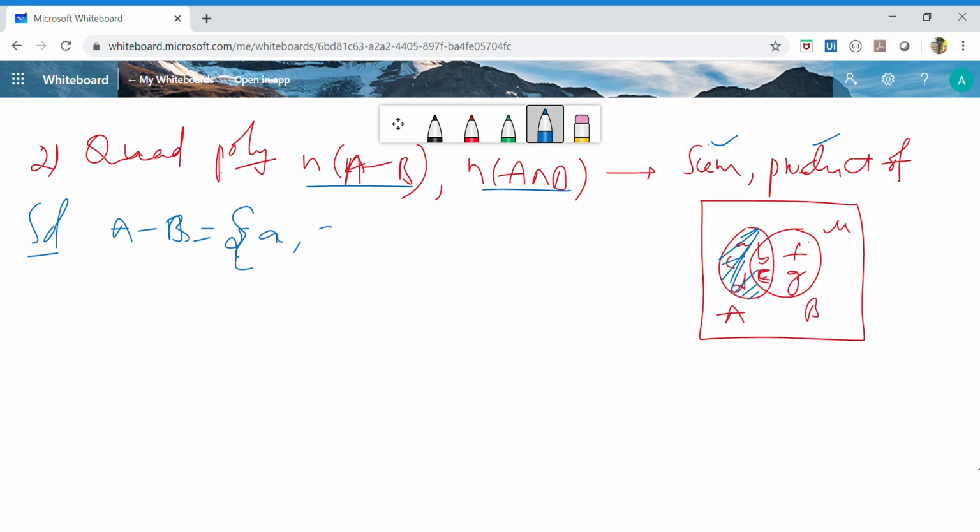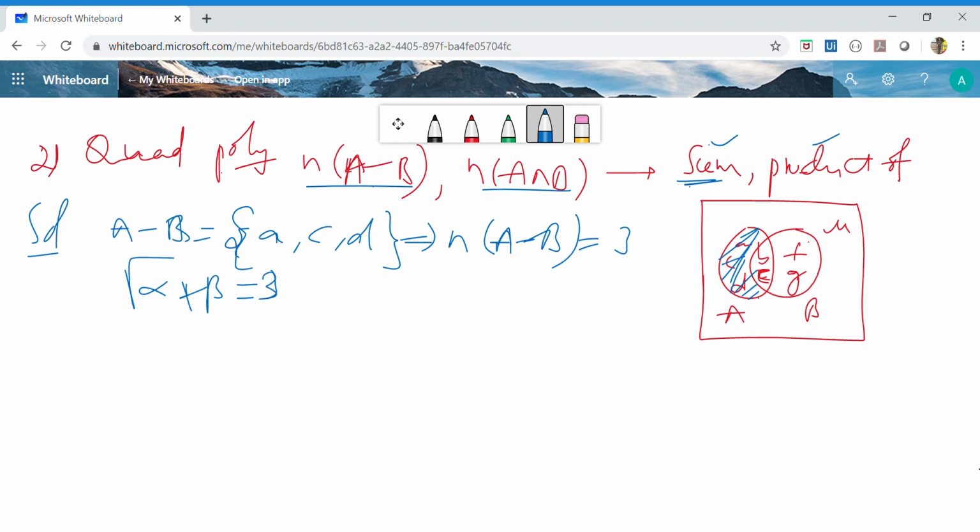So A, C, D becomes A minus B. So what is N of A minus B? N of means cardinal number. So cardinal number is 3, N of A minus B as 3. That becomes the sum. So sum means what? Alpha plus beta. Alpha plus beta is equal to 3 you got.